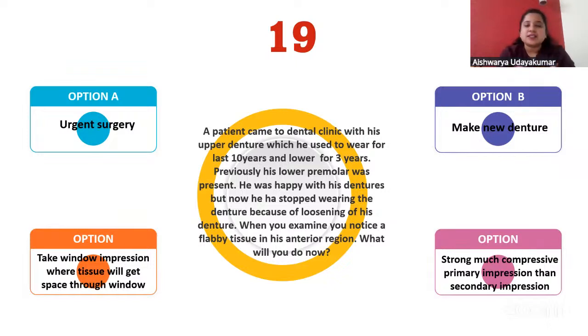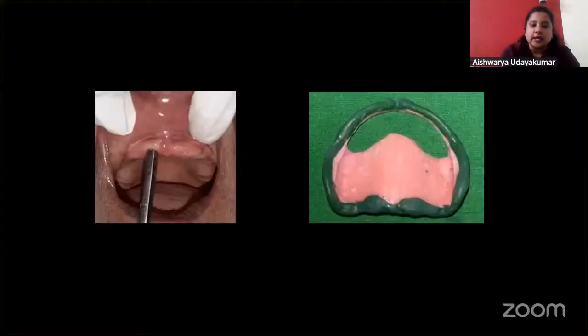Now, giving an urgent surgery is not an answer. First, we should always remember as a clinician, can it be solved without a surgery? Can the patient be treated with a very minimal treatment? If yes, go with that. The biggest answer for flabby tissue is the window technique. I'll show you the window technique. You see the flabby tissue, right?